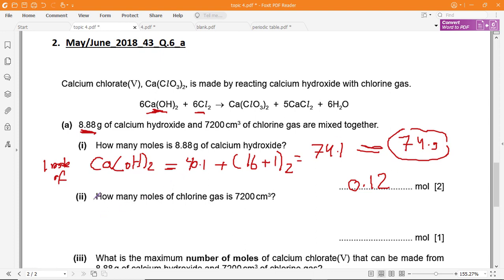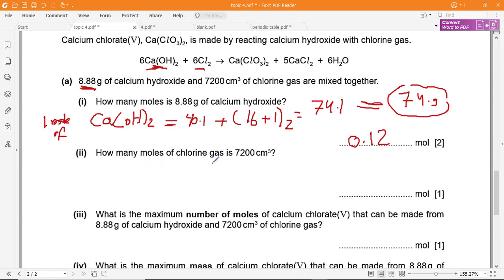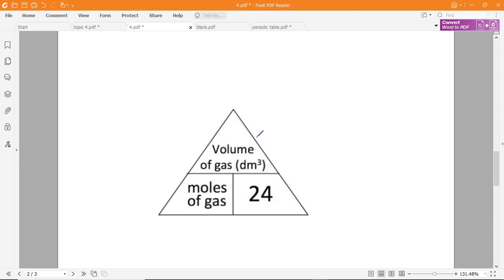Part II, how many moles of chlorine gas is 7200 centimeter cube? You know, guys, in case of calculating number of moles for gases, we can also use this relation or this expression. 1 mole of any gas at STP, standard temperature and pressure, occupies a specific volume which is 24 decimeter cube.